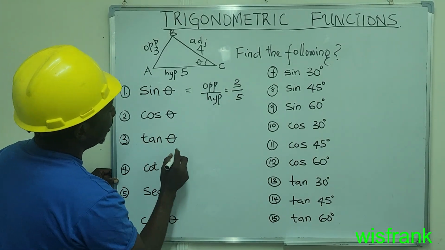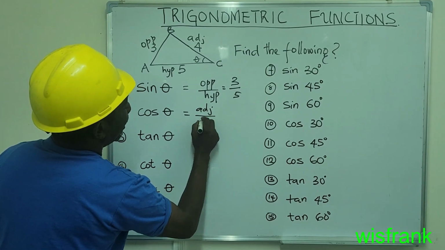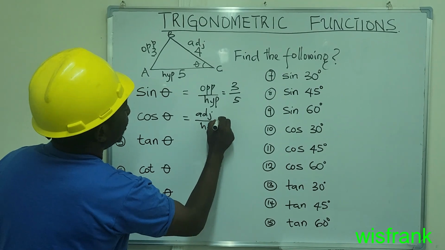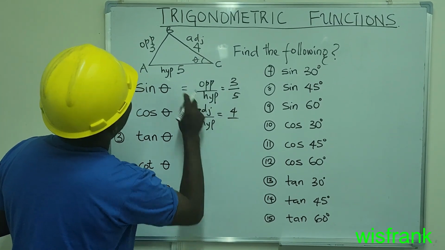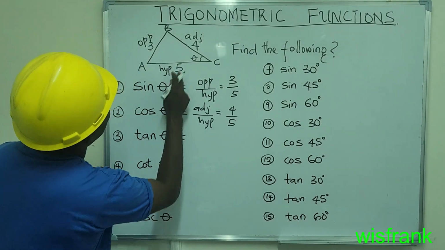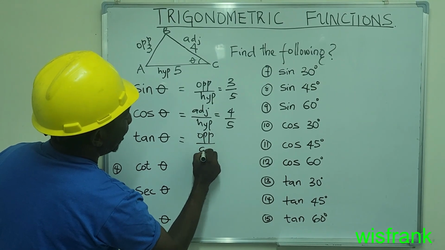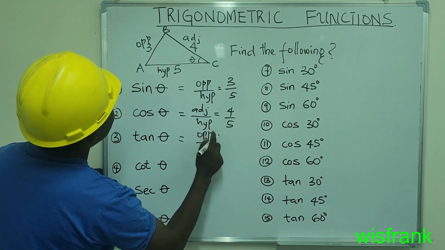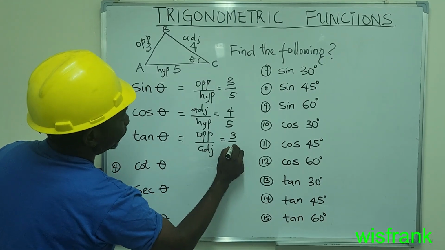So cos theta here is the same thing as adjacent all over hypotenuse, which is the same thing as 4 all over 5. Then tan theta is the same thing as opposite all over adjacent, which is the same thing as 3 all over 4.